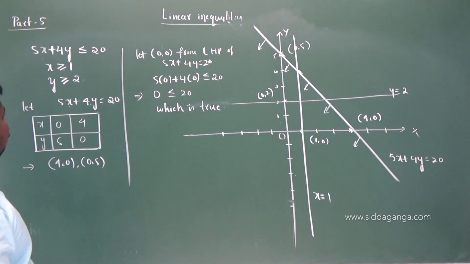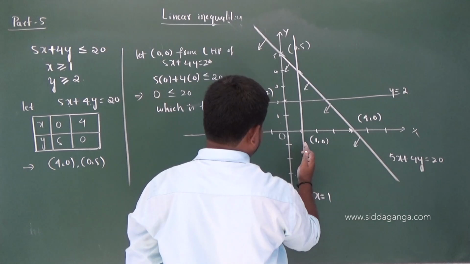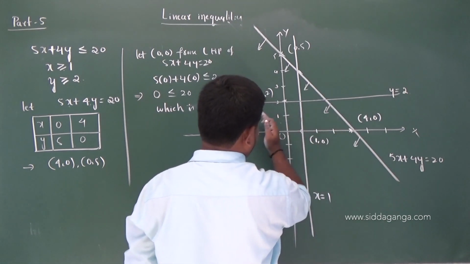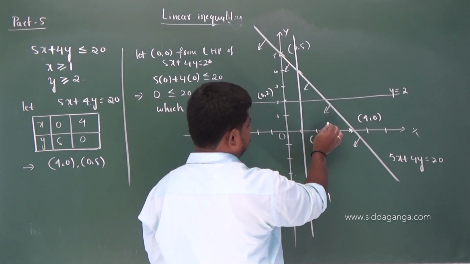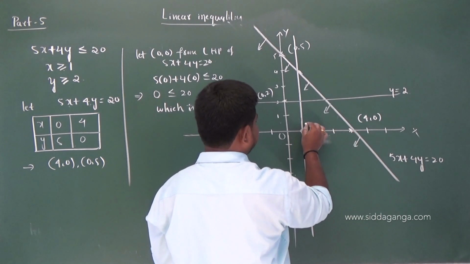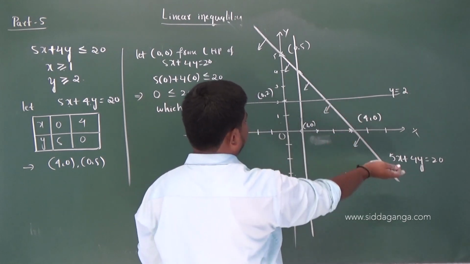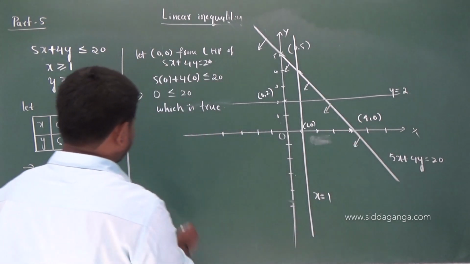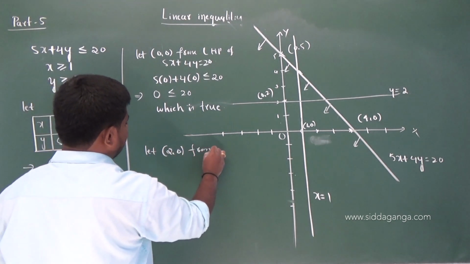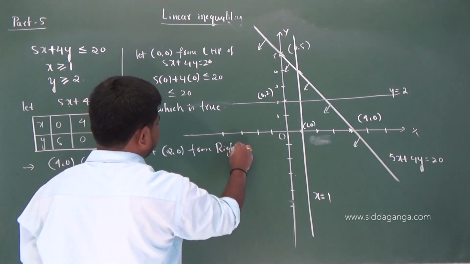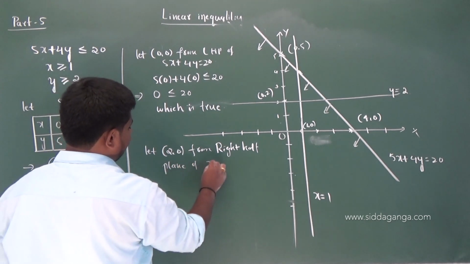For the second one, x is greater than or equal to 1. See, x is equal to 1 is a line that divides the plane into a right half plane and a left half plane. You can take any point from any plane. I am going to take 2 comma 0, which comes in the right half plane of x equal to 1.